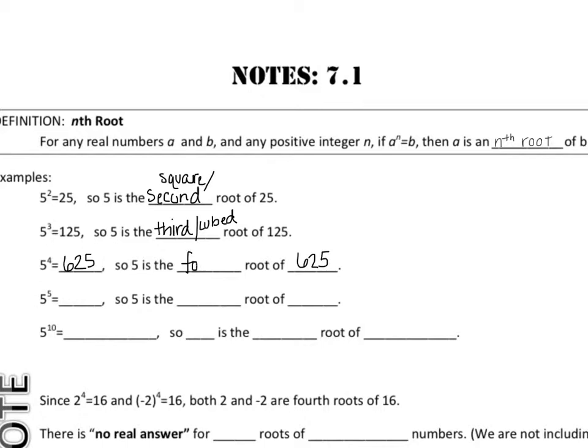Fourth is correct. Alright, 5 to the 5th is 3,125, so 5 is the what root? Fifth root of 3,125. Kind of get it?